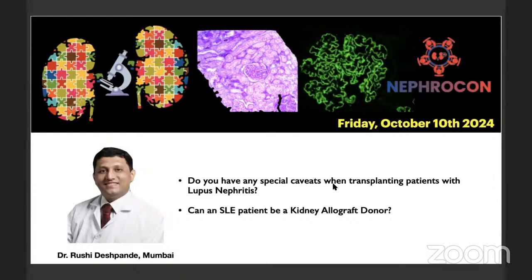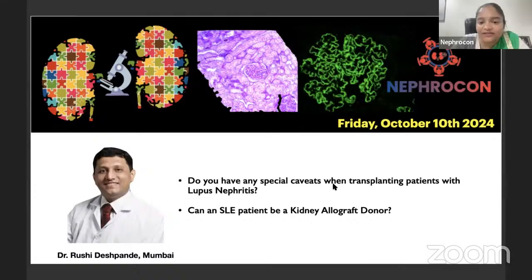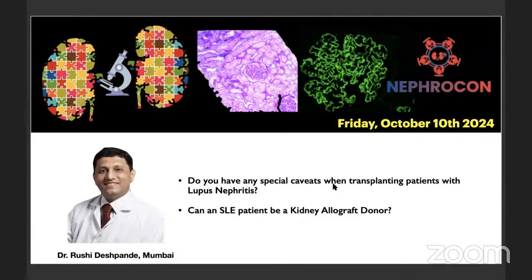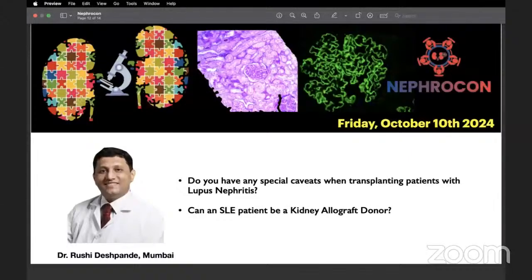Yeah, very much. Do you have any special caveats when transplanting patients with lupus nephritis, like your protocol? Not really. The previous speaker elucidated very properly that serology doesn't really correlate with the recurrence, and what is a good time to transplant.